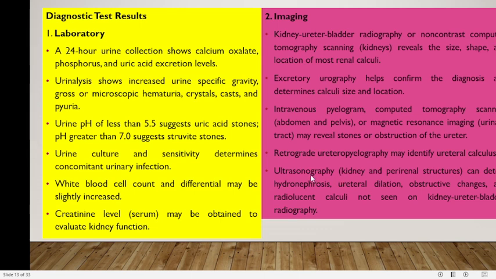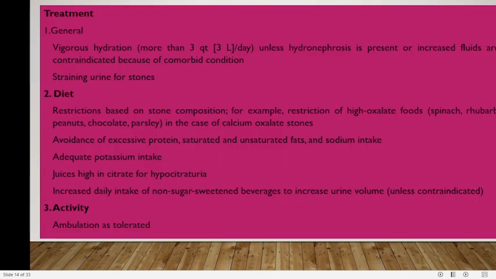Then you have ultrasonography of the kidney and perirenal structures, which can determine hydronephrosis, ureteral dilatation, obstructive changes, and radiolucent calculi that are usually not visible on the KUB radiology.